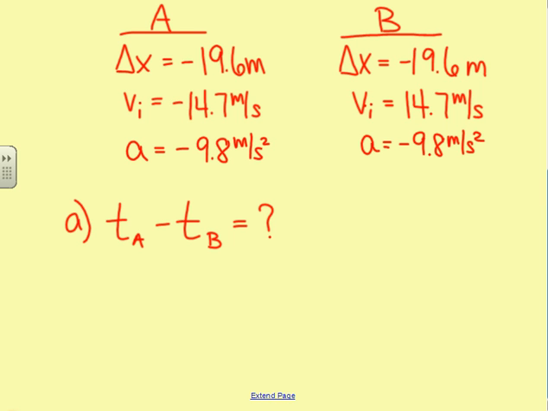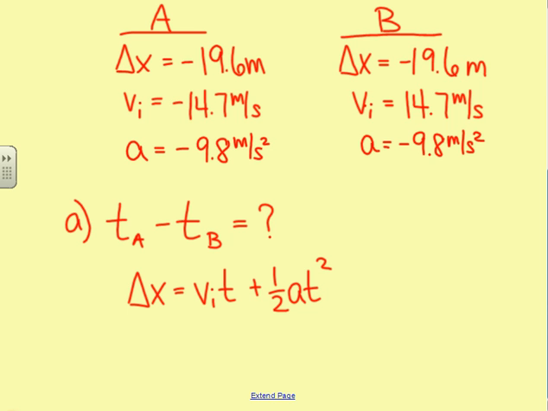Okay, well, to do that, I have to find the time for each of them. Looking at the information I'm given, the thing that I'm missing is the final velocity. So, if I look at the equation that doesn't have final velocity, it says delta x equals v initial t plus 1/2 at squared.